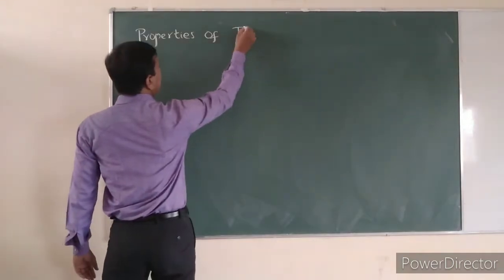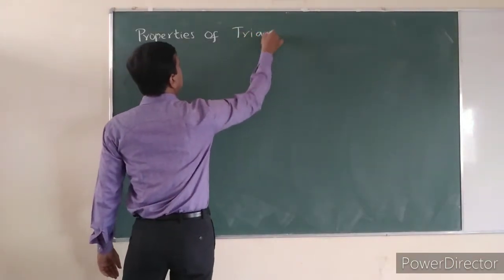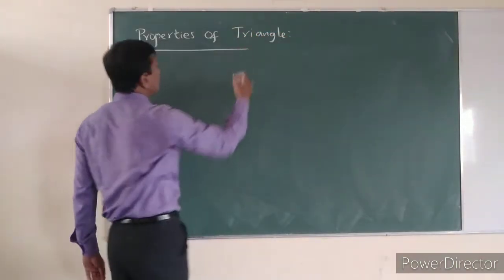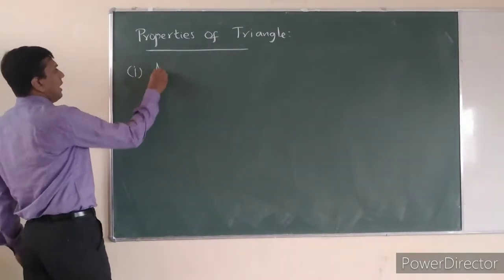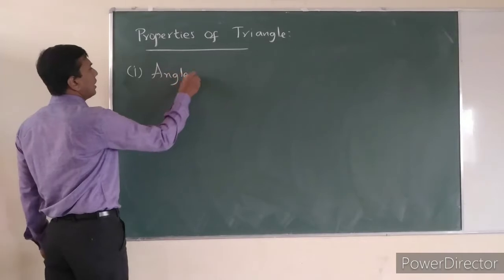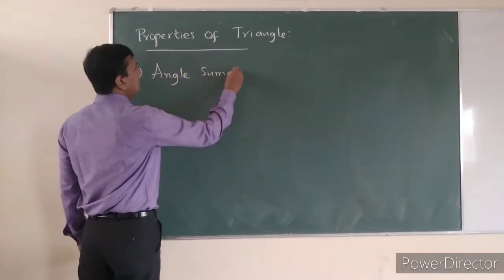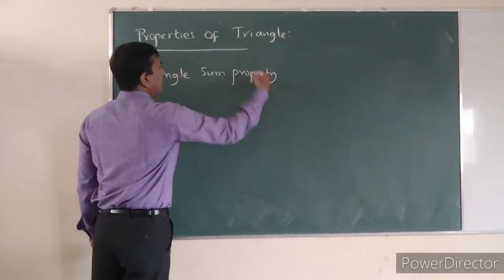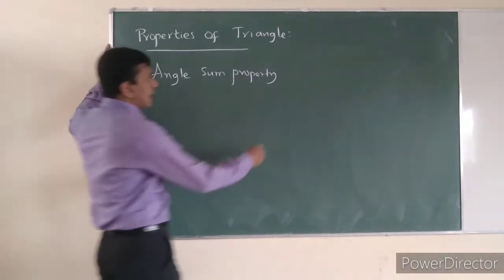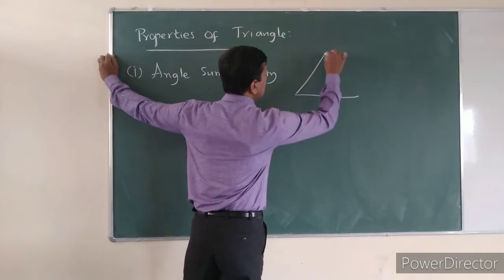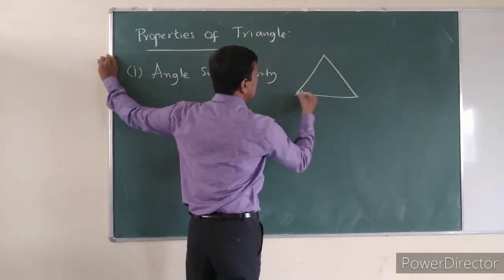So properties of a triangle. The very first property is the angle sum property. What is the angle sum property? We know that in a triangle we have three angles.